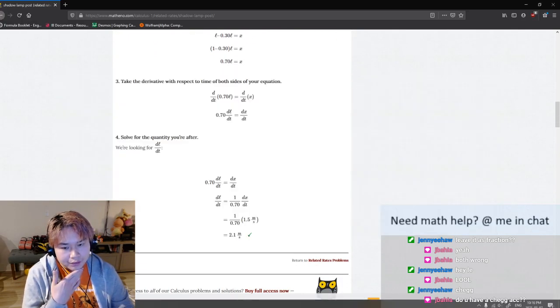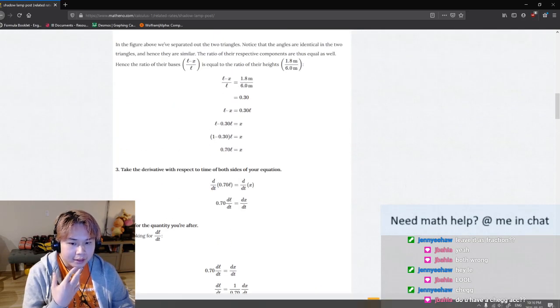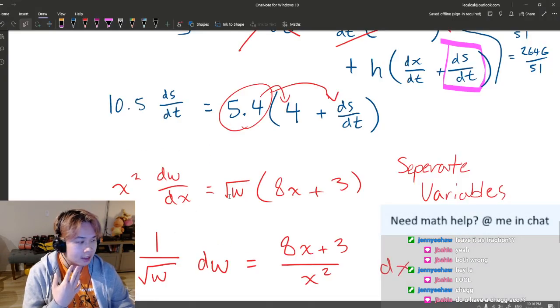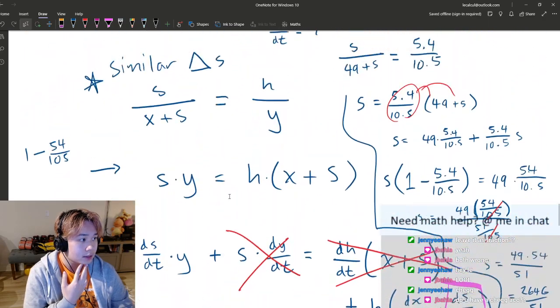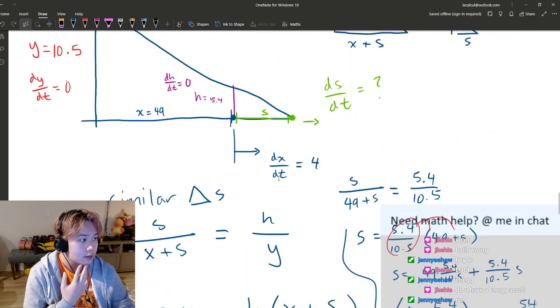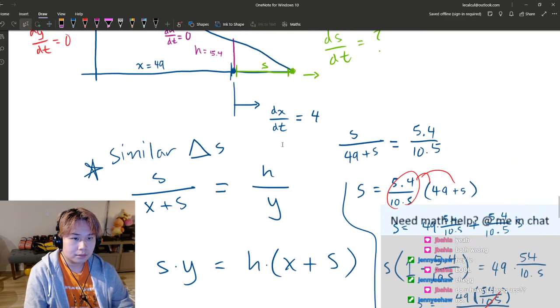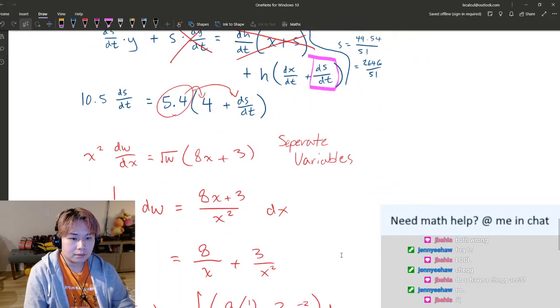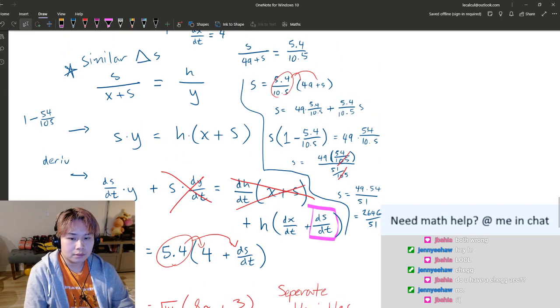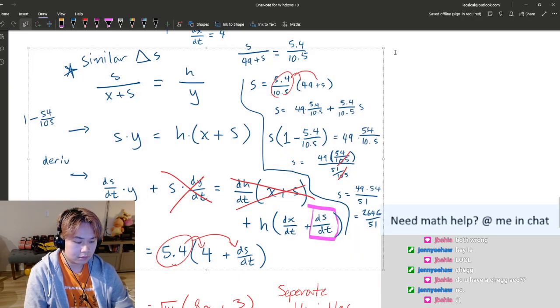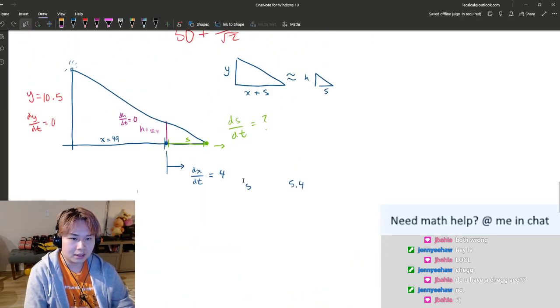Okay, so from what I gather, we made a little error in what S represents. So let's just get rid of all of this.